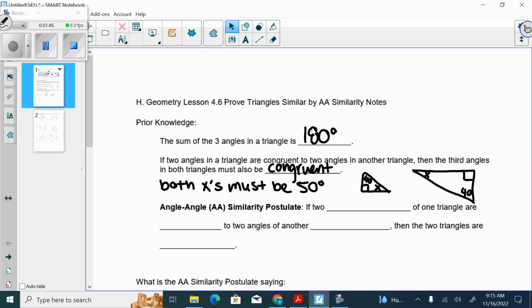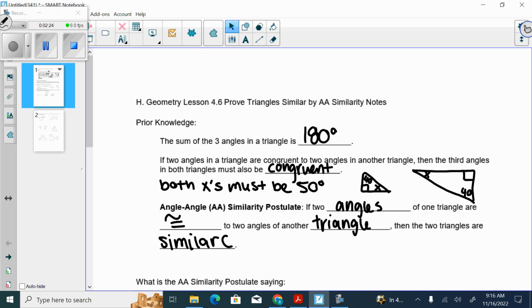right? So that leads us into the AA similarity postulate, or the angle-angle similarity postulate. And this says if two angles of one triangle are congruent to two angles of another triangle, then that's enough information to prove that your two triangles are similar.